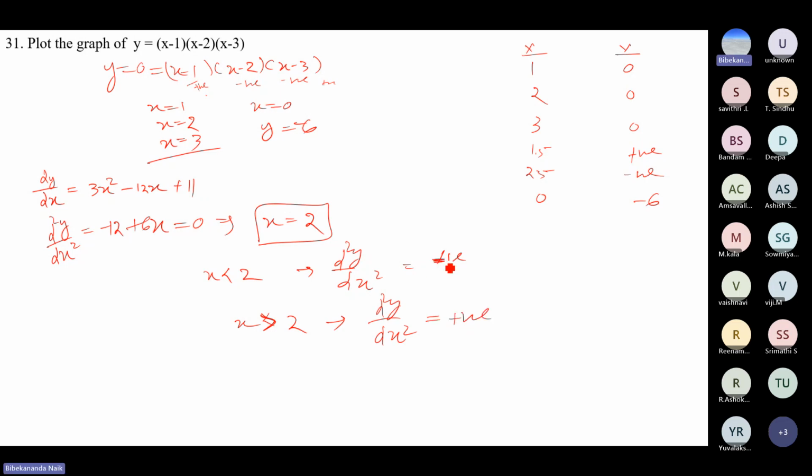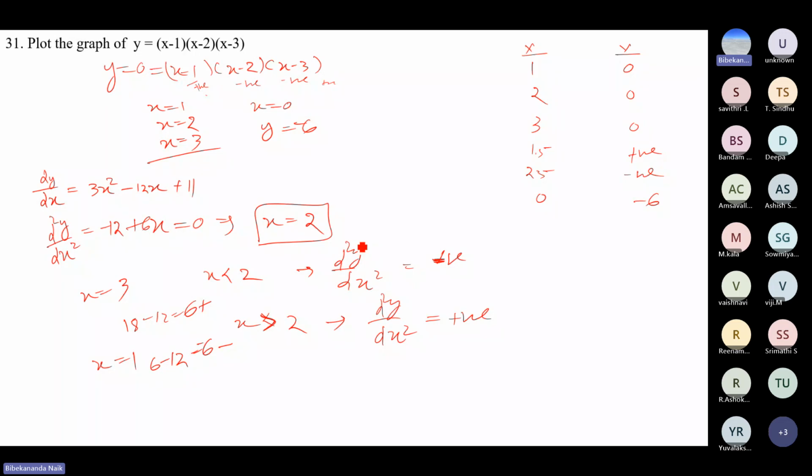As you can see, when we put x equal to 3, it will be 18 minus 12, equal to 6, positive. But when x equal to 1, it will be 6 minus 12, that is minus 6, so negative. So at x equal to 2, the function is changing its concavity. The function is concave down below 2, but concave up after 2. So these are the few pieces of information we are getting.